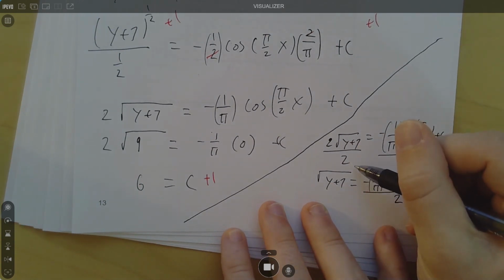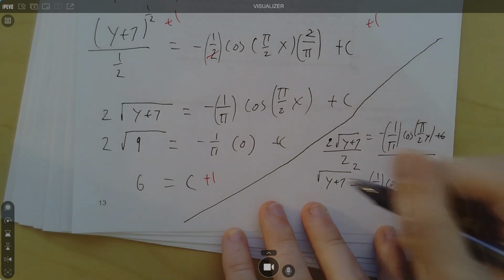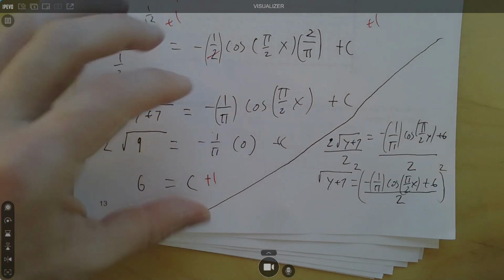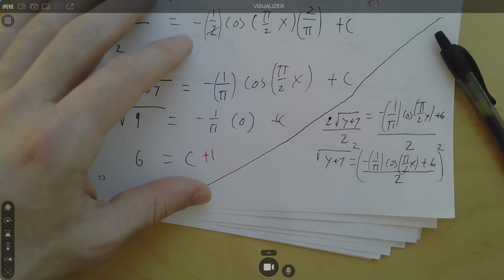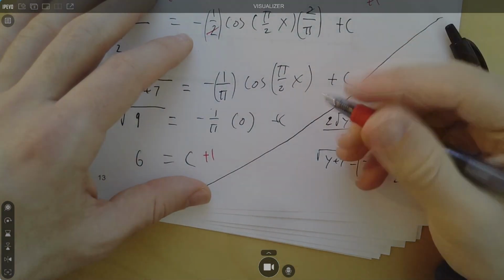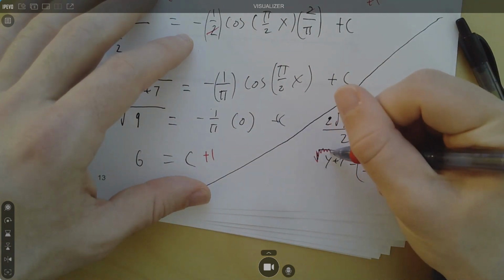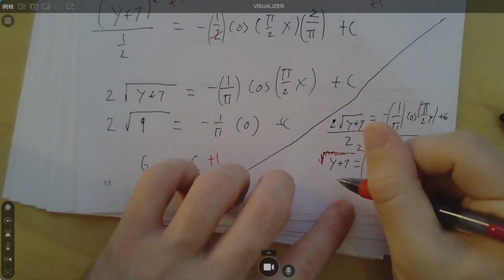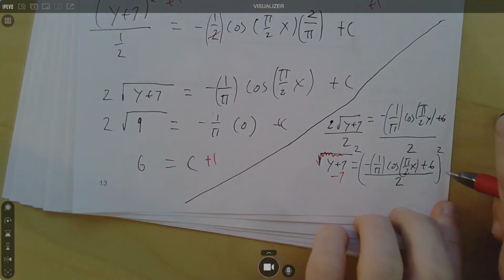Then you're going to square both sides to undo that. So it's going to be squared over here. And then last step is, because this square is going to undo this right here, we're going to minus 7 here, and then minus 7 here.